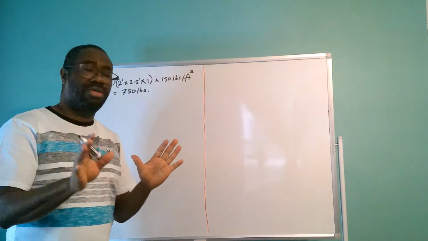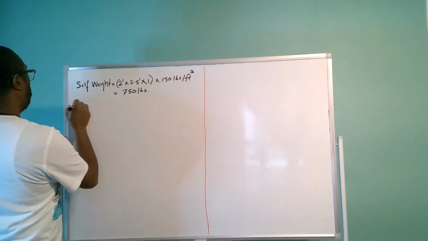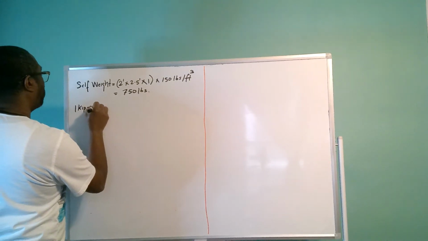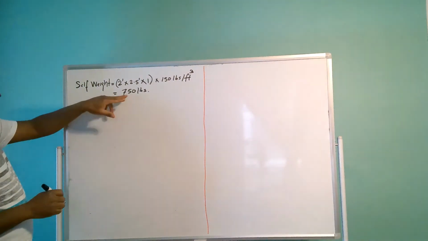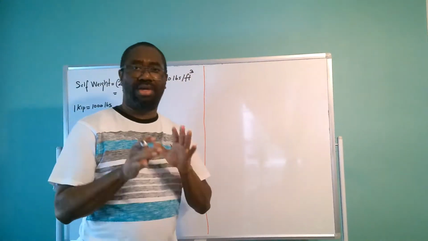So the weight of this beam, 1 foot length, is going to equal 750 pounds. But because we are working in kips, and remember now, 1 kip is 1,000 pounds, we have to convert this 750 pounds to kips.